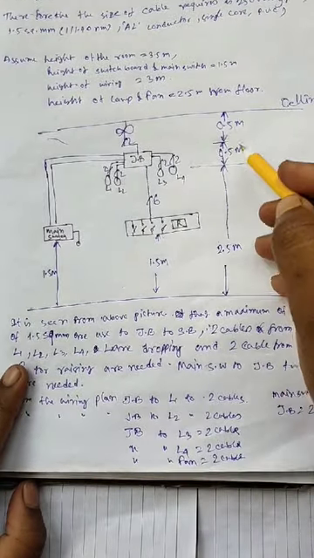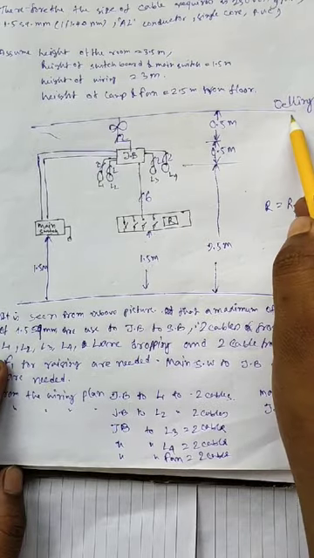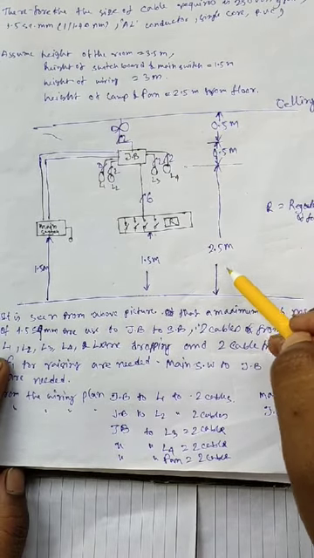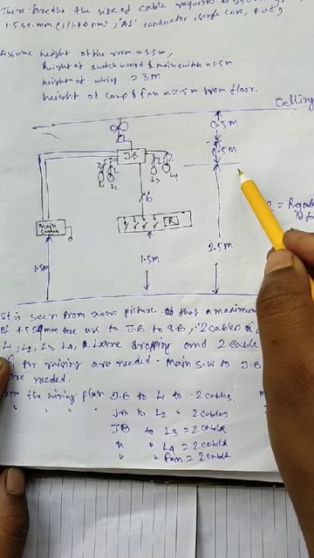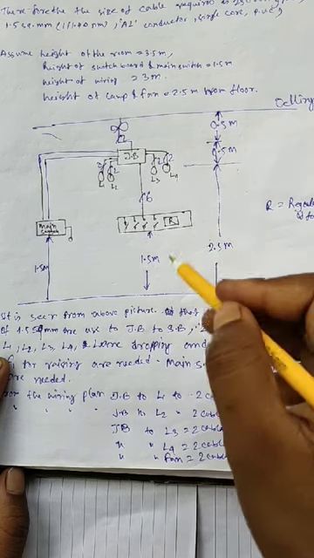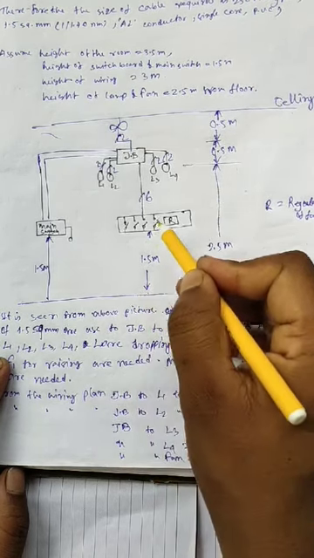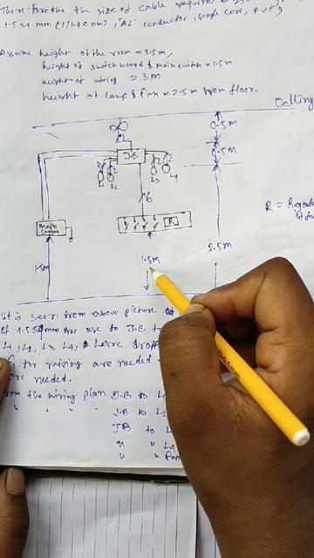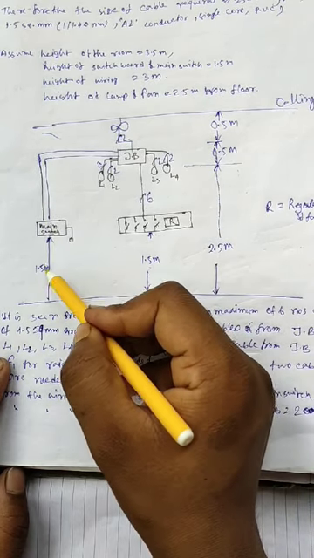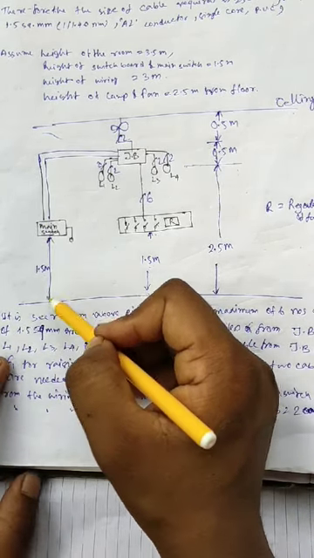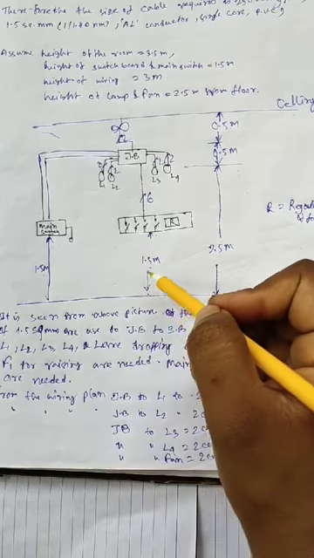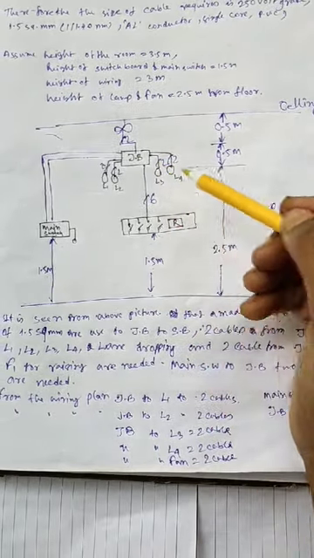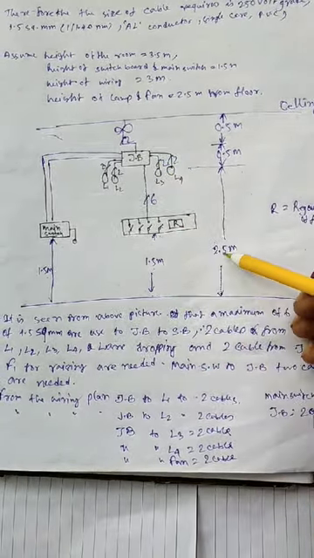Suppose this is the ceiling, and its height is, take, 3.5 meter. From the floor to the switchboard height is 1.5 meter, and floor to main switch is 1.5 meter, and the junction box height is 2.5 meter.